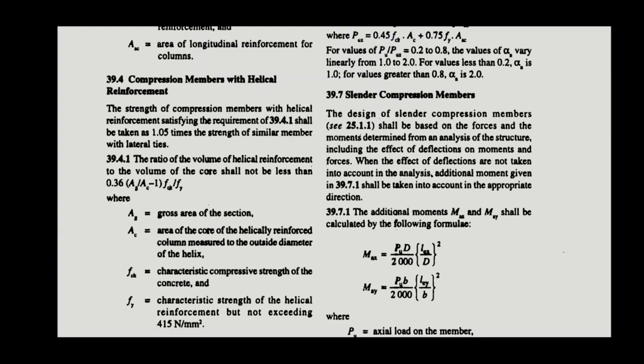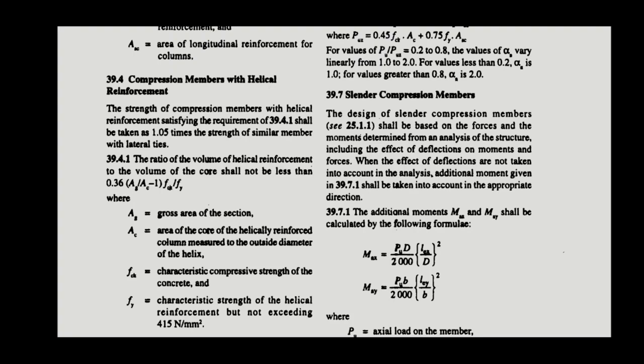Here Ag is the gross area of the section, and Ac, sometimes taken as Ak, is the area of the core of the helical reinforced column measured to the outside diameter of the helix.